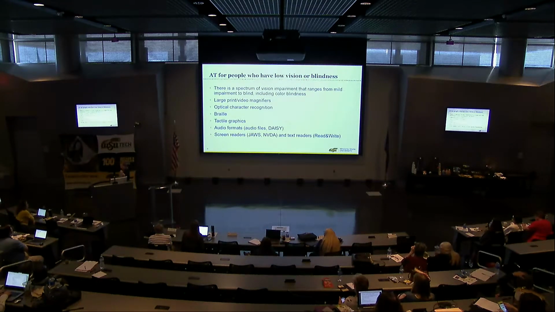This is also pretty expensive. A lot of the stuff is costly. So we're also trying to work as a university to see if we can improve efficiencies and bring down cost. So like with hearing, obviously visual impairment is across a spectrum, from a mild impairment to someone who is blind, including, of course, people who are colorblind.